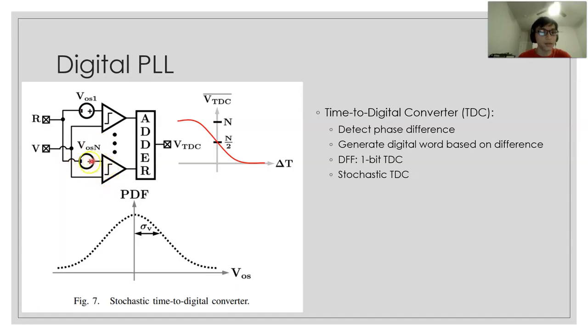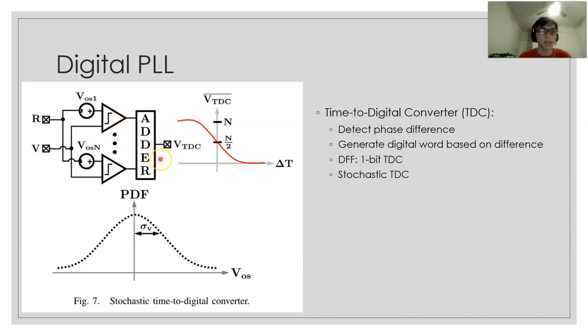So let's say you have the reference signal input to one offset here, and then they are input into the arbiter between the reference and the feedback signal.